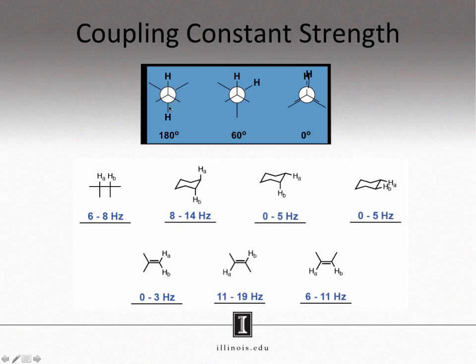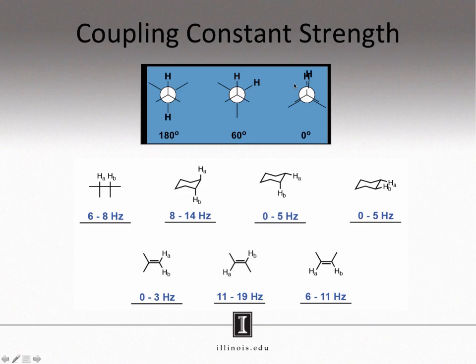The angle between these various bonds is called the dihedral angle. If you look at these two protons, our dihedral angle is 180 degrees. If you look at the middle structure, where we have simply rotated this proton to a new position, our new dihedral angle is 60 degrees. If I rotate this proton again, it is now at 0 degrees.